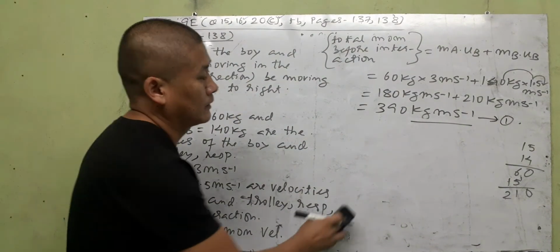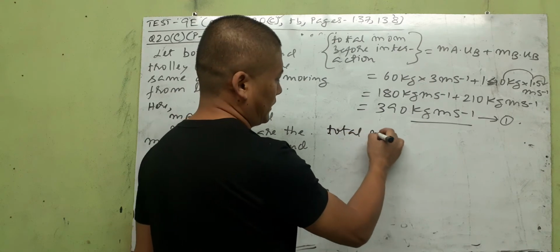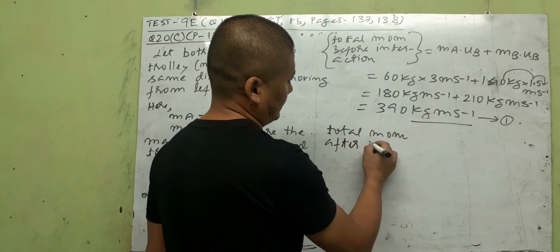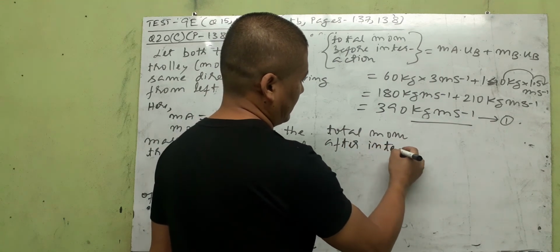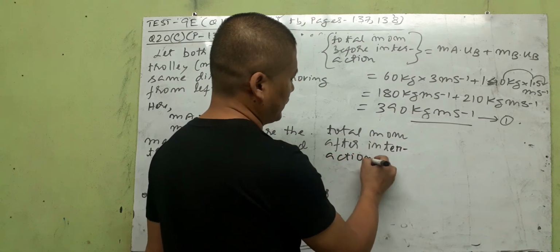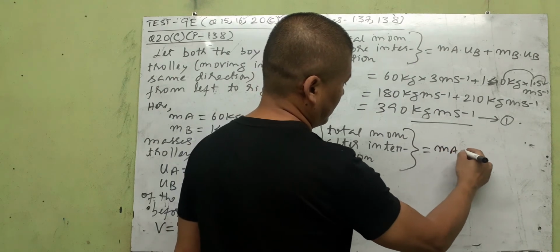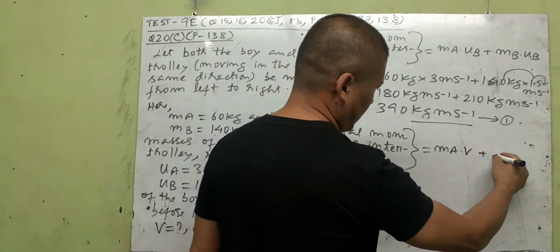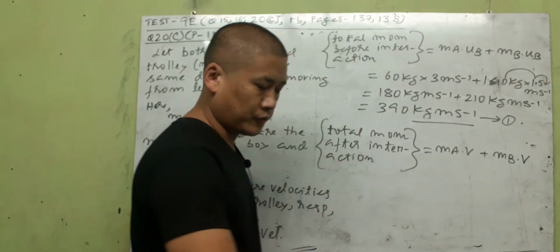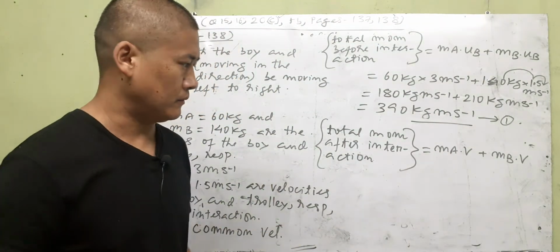Okay, so next, similarly, total momentum after interaction. After the boy jumps on the trolley, it will be the mass of the boy, MA, into the final velocity, common V, plus the mass of the trolley, and here also V, because after jumping on the trolley, the boy is on the trolley, so both of them have the same combined velocity.